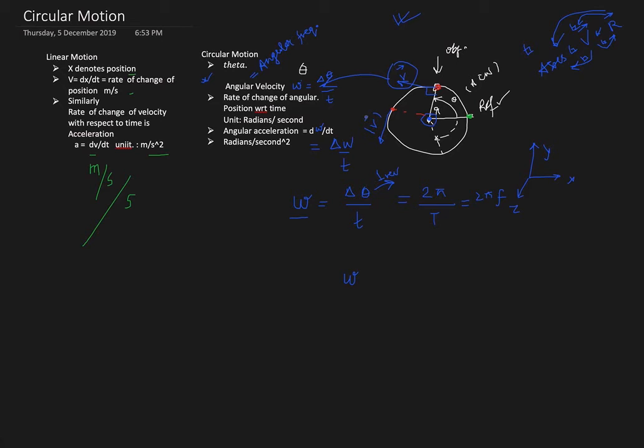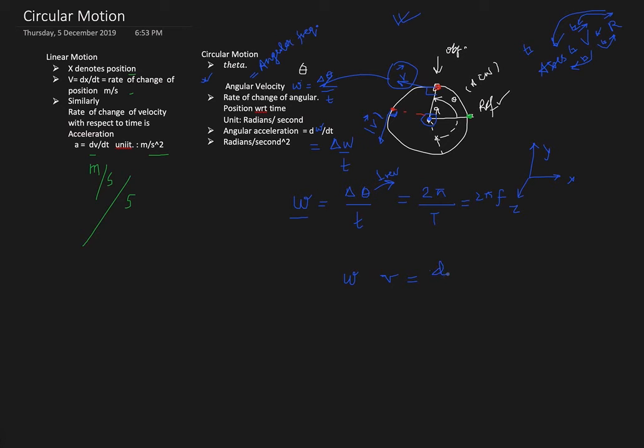Why is the direction not remaining the same? Because the direction is always at a 90-degree angle with the radial vector. So the direction is changing, but the magnitude of the velocity vector is not changing, and that is why we can define velocity for one complete rotation for this vector as v equal to distance upon time.